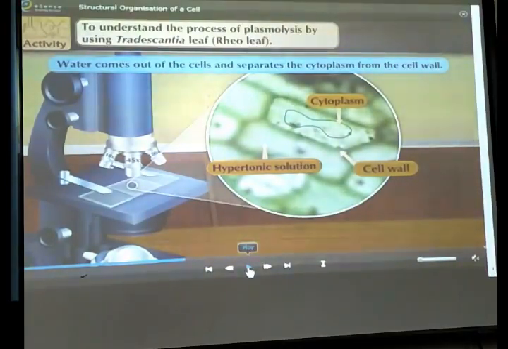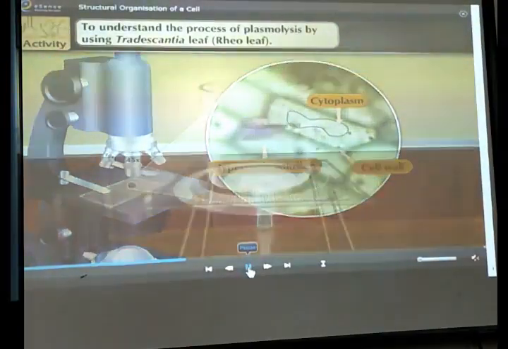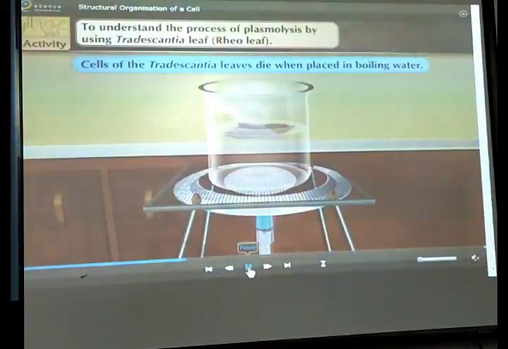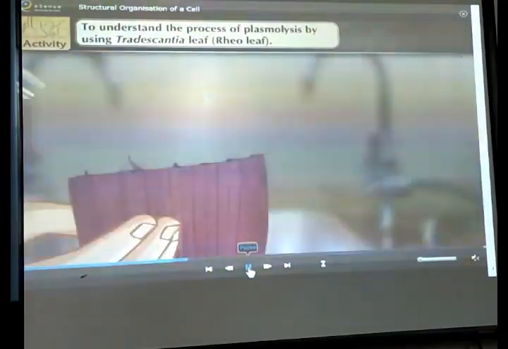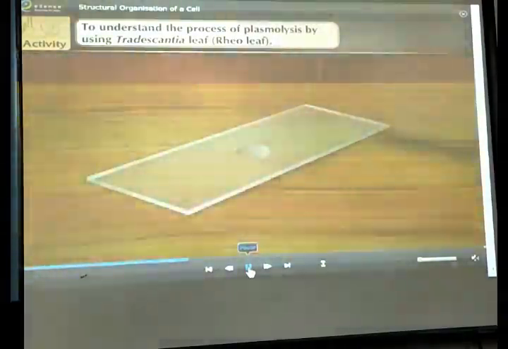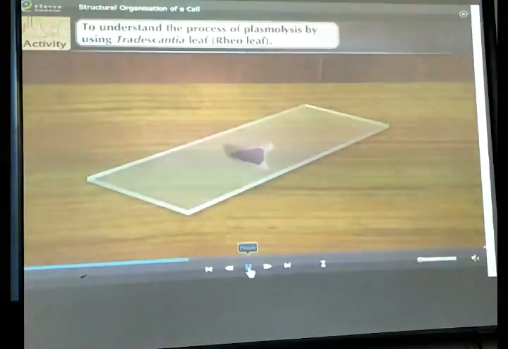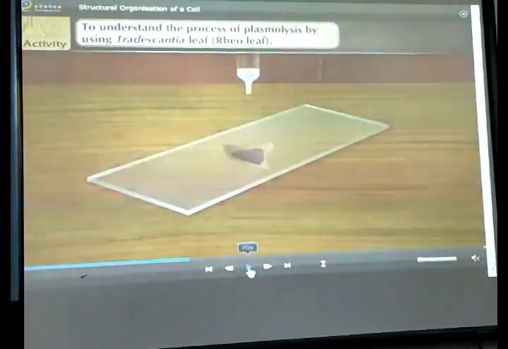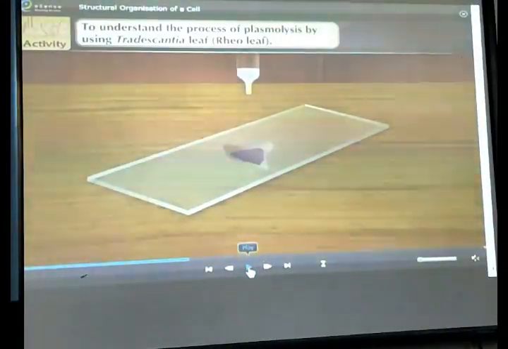So the cytoplasm, the cell wall, and how it works in the hypertonic solution, we can understand through this activity. So the Tradescantia leaf works in this way. Another activity is given here, which we will see next time.